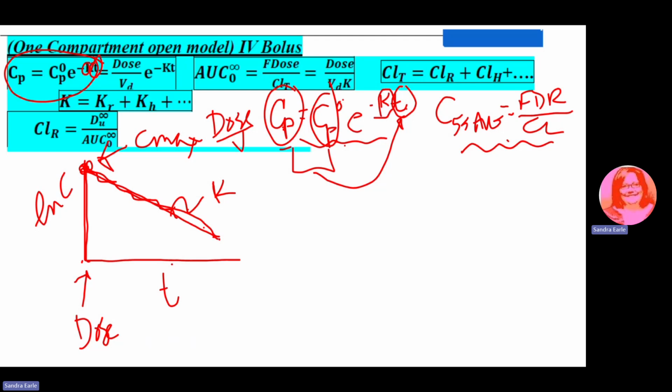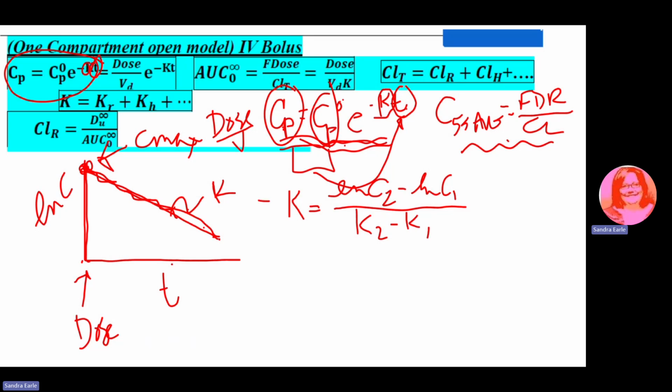Now, I want you to know this is not hocus pocus. It's not magic. It's just a rearrangement of our elimination rate constant equation, where K can be determined by rise over run, just like what you learned in, I don't know what grade anymore. So the difference between our rise and run, this is going to be a negative number.